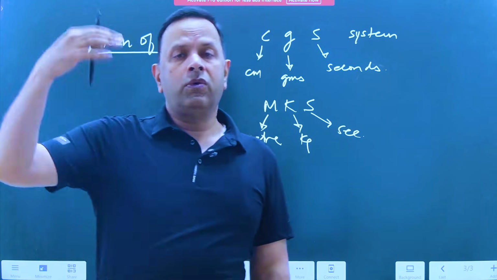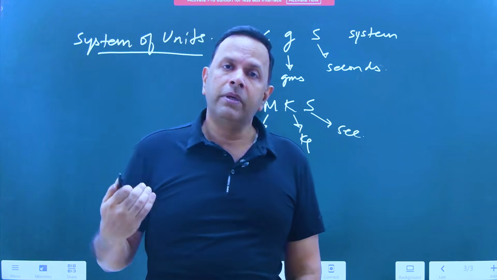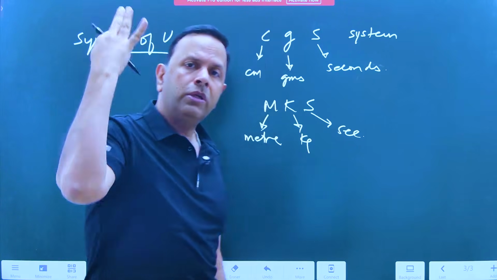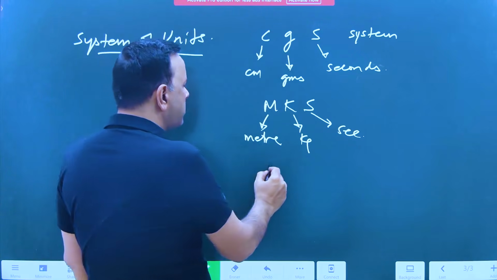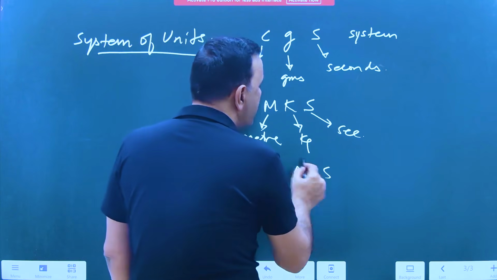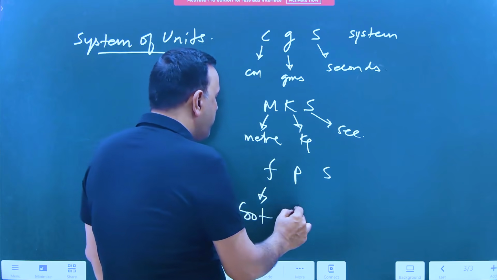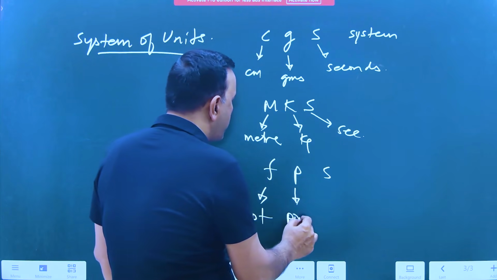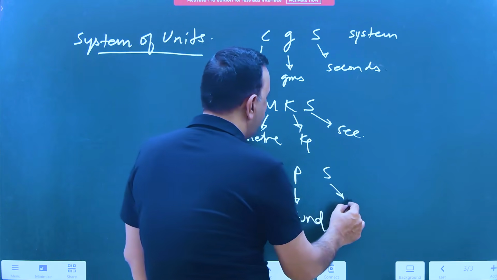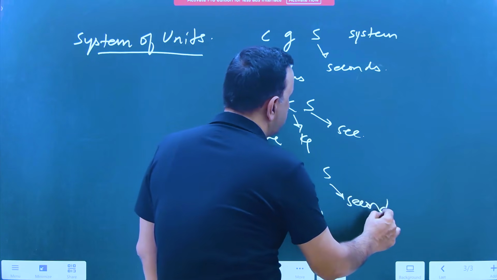Okay, so there was a CGS system, there is an MKS system. Now Britishers adopted their own system. They called that the FPS system. F stands for foot, P stands for pound, and time is taken in seconds.